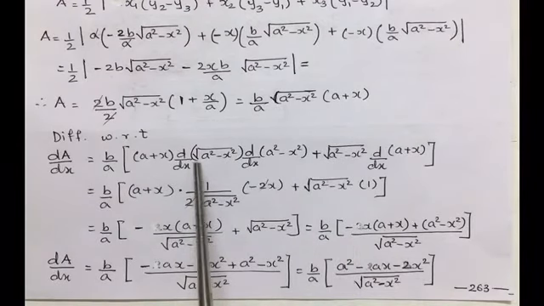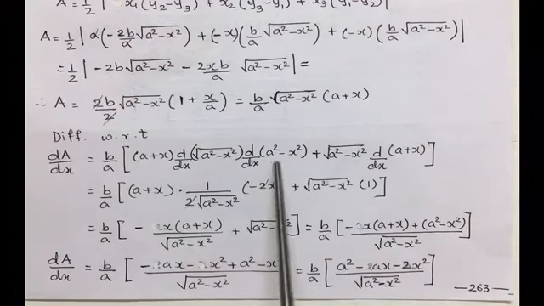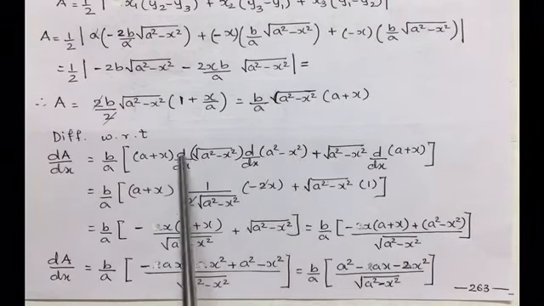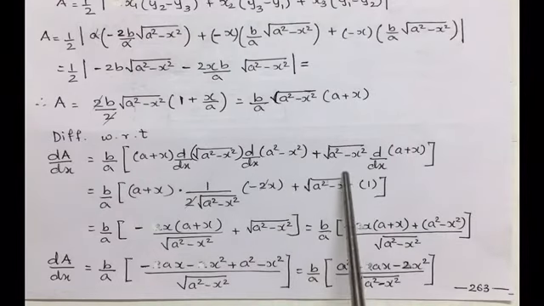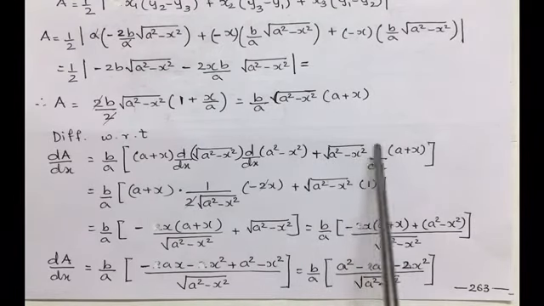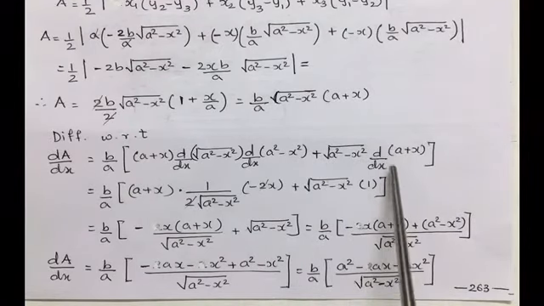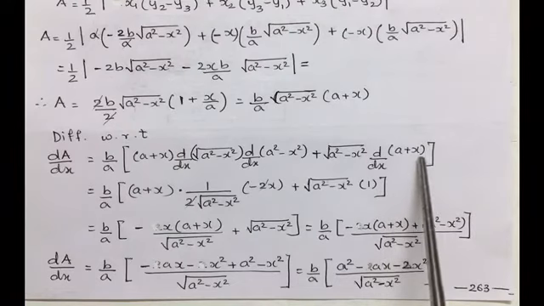So first is the derivative of the root, then the derivative of a square minus x square as per the chain rule, and keeping root of a square minus x square as it is, d by dx of a plus x.